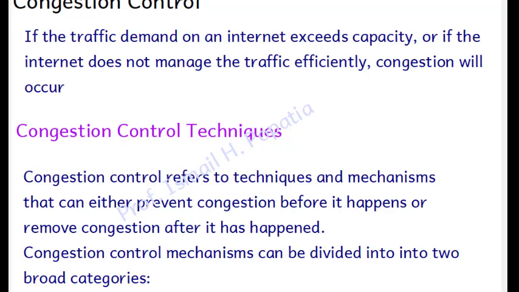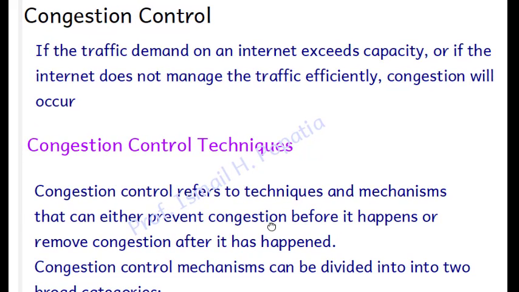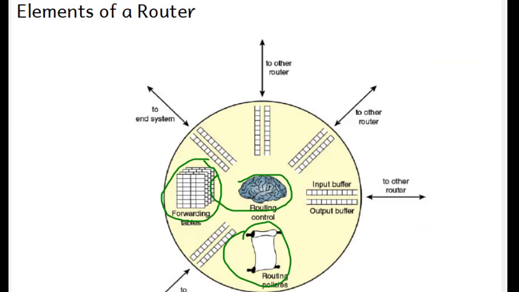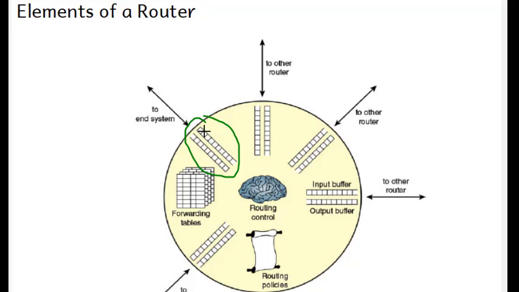After routers and routing information, we have something called congestion control. Suppose we have a router. This router can be connected to many networks, and one of the networks can connect to another router, and so on. If the traffic increases in this particular area, more and more packets are getting into this router, into this buffer, and the capacity of the buffer is overloaded.